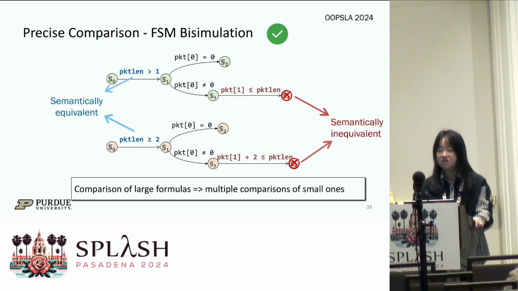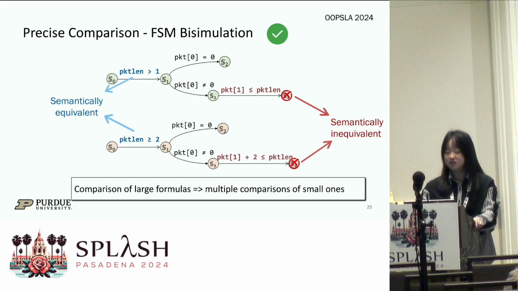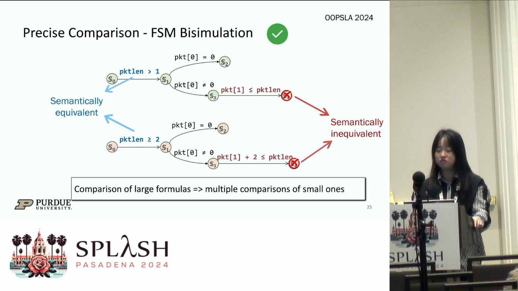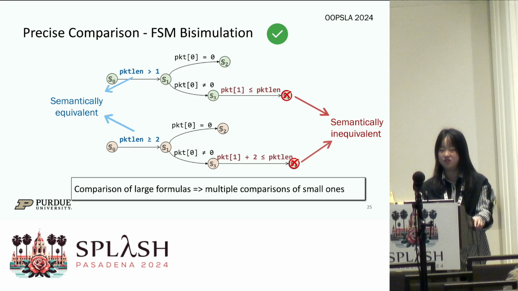This process allows us to match semantically equivalent constraints while also identifying any inconsistencies. Our comparison is both precise and efficient by breaking down the comparison of large and complex formulas like phi1 and phi2 into multiple comparisons of smaller ones.